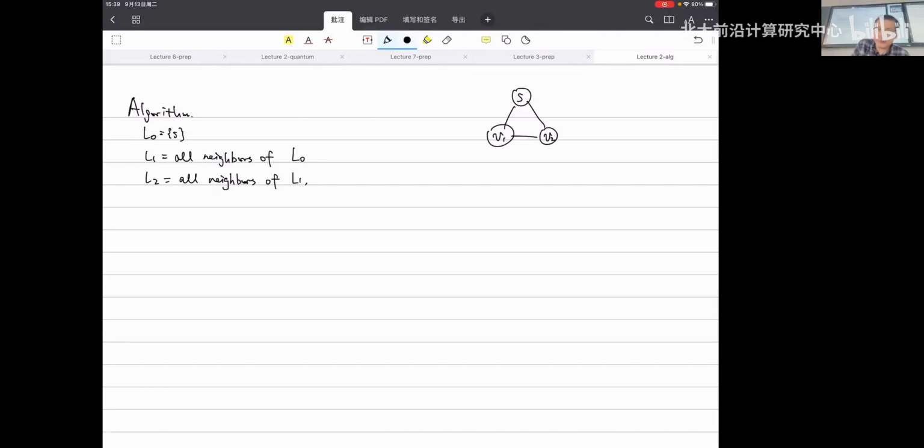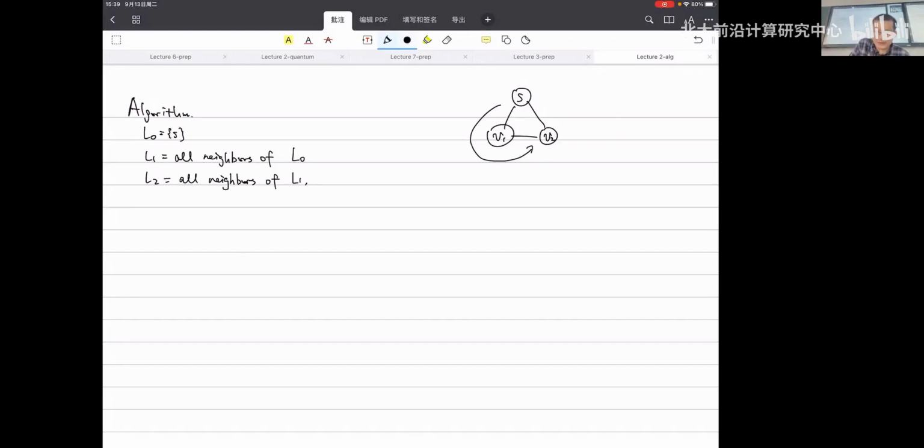Both V1 and V2 are actually in L1 here. But if you look at L2, they are still in L2 here because V2 is the neighbor of V1. If you look at this path, it has length 2, and this suggests why V2 should belong to L2 here.